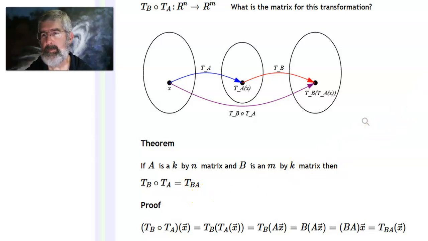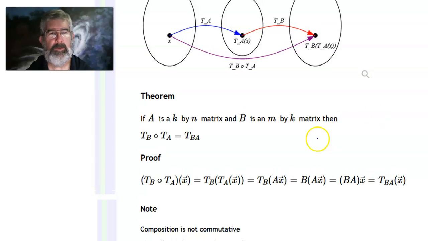Okay. The proof is pretty straightforward just because of what the definitions of each of these transformations are. To say TB of TA of x means this: TB in parentheses, TA in parentheses, x. TA of x means multiply A times x, and TB of something means multiply that something by B. There's a property of matrix multiplication that it is associative, so you have to keep the order the same, but you can change the grouping.